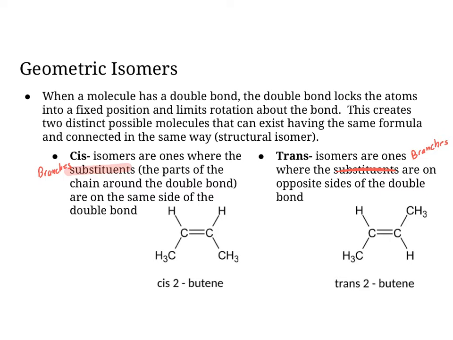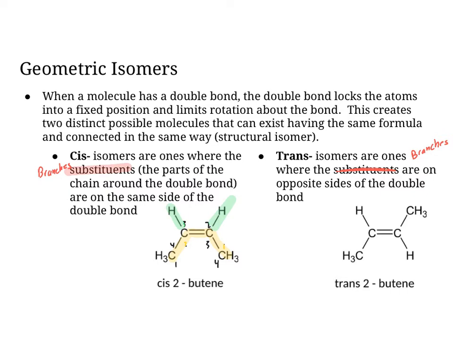So, in the case of cis-2-butene, I'm going to count my carbons: 1, 2, 3, 4. What you're going to hopefully see is that going around the double bond, the hydrogens, which aren't actually branches, but the way that they're positioned, are on the same side of the double bond.